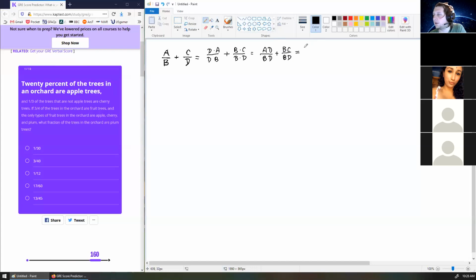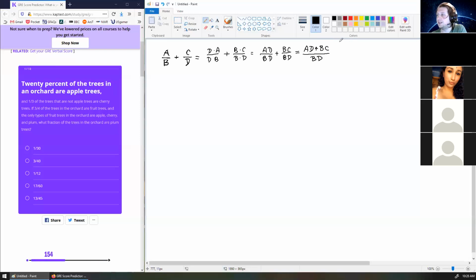And so our total answer from that is A times D plus B times C over BD. So that works with addition and subtraction.